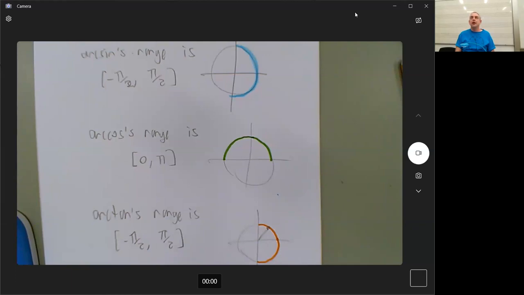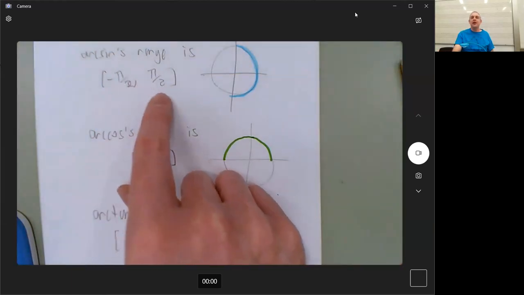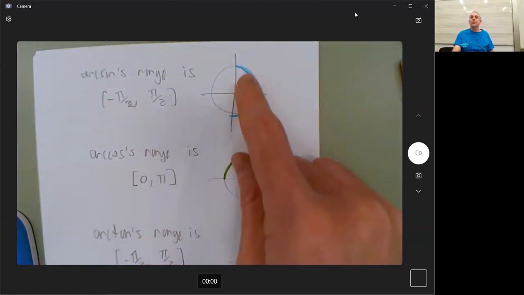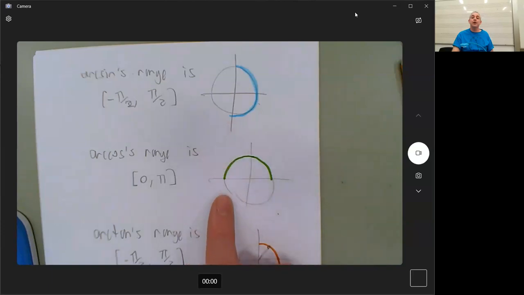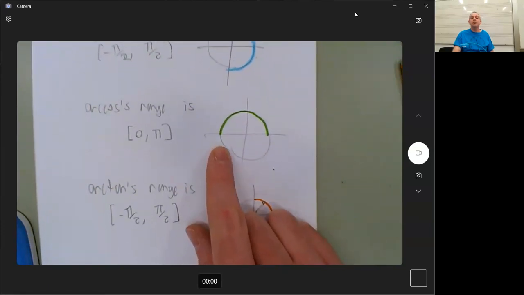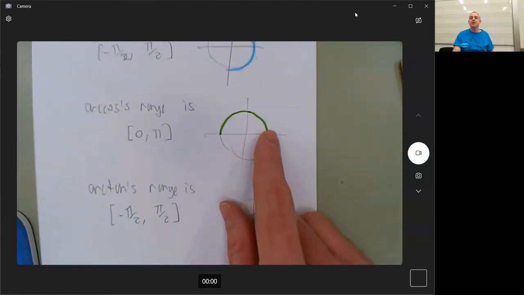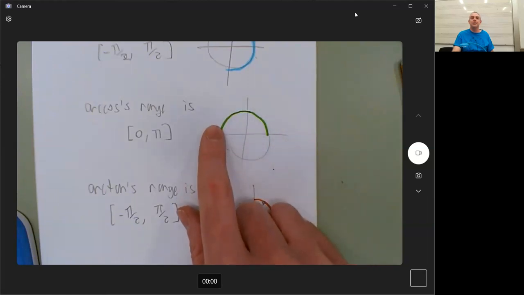It is a strikingly wonderful coincidence, possibly not a coincidence, that the place where arc sine produces its answers is also the place where cos is positive. And the place where arc cos produces its answers is also the place where sine is positive.